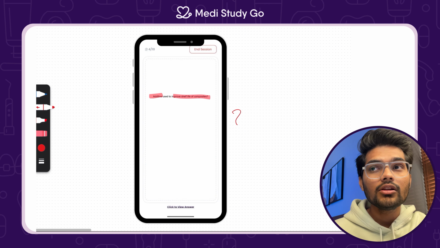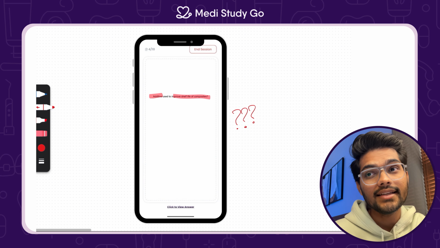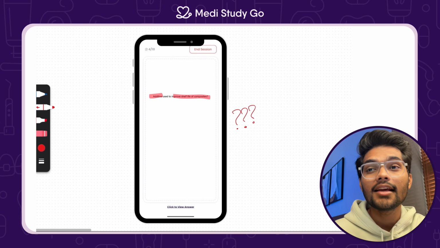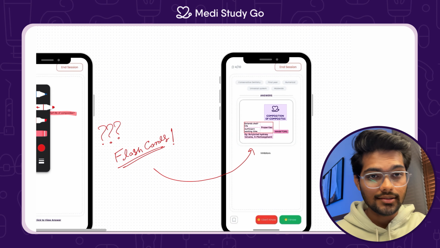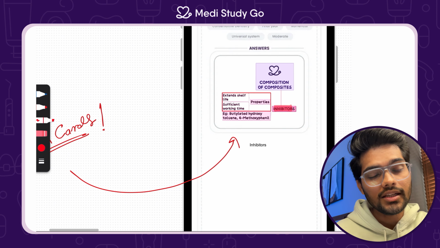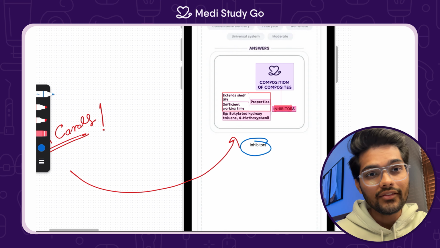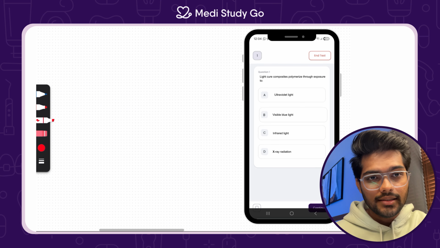Now, whenever we look at such questions, we might feel lost. And the best way to revise and tackle this situation is flashcards. And it looks something like this. And to answer the question, like we studied, inhibitors are responsible to increase the shelf life as well as provide a sufficient working time.